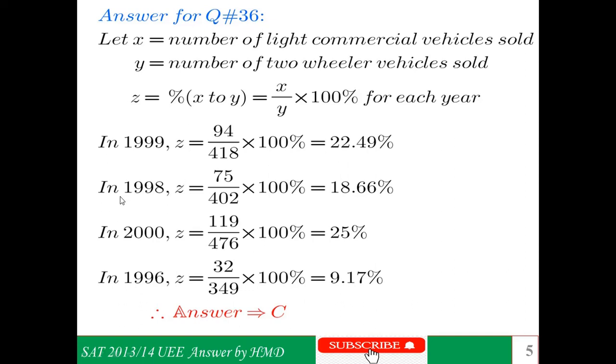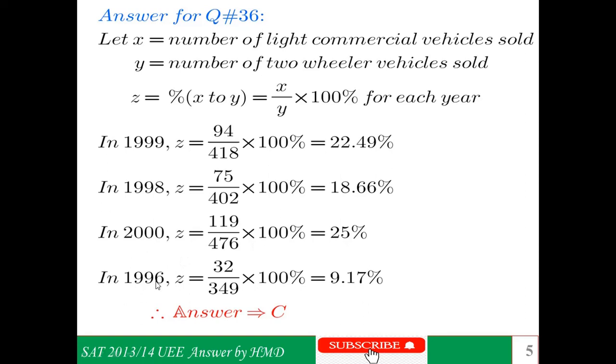Similarly, in 1998, by looking at the table, Z becomes 75 over 402 times 100%, and it becomes 18.66%, right? In 2000, Z becomes 119 divided by 476 times 100%, and it's going to be 25%.